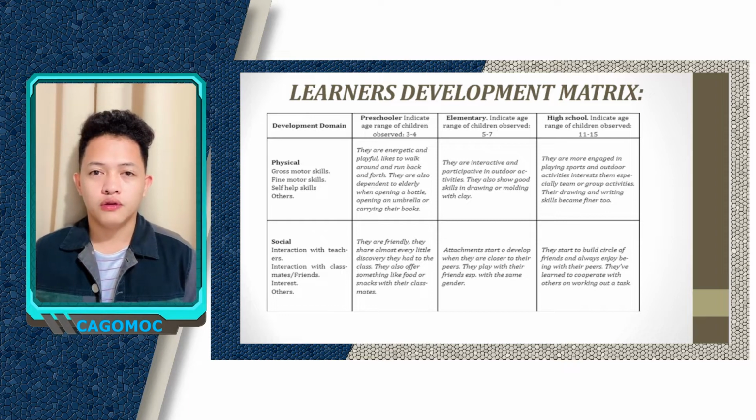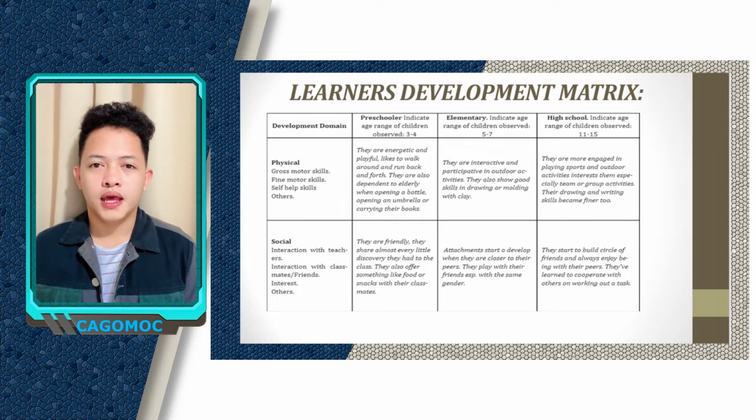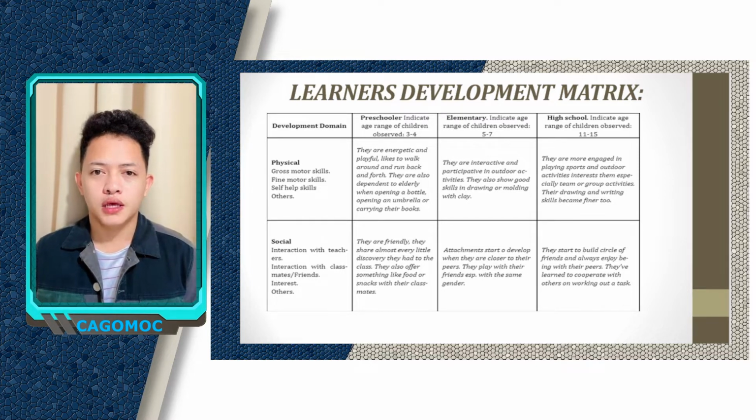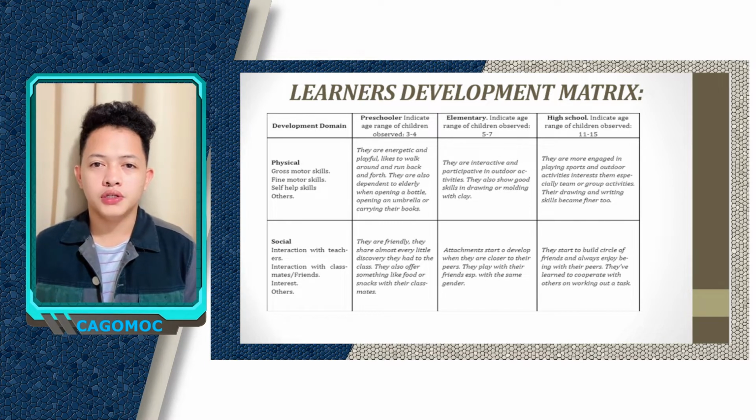Under social: interaction with classmates and friends, interest in others. For preschoolers, they are friendly. They share almost every little discovery they have with the class. They also offer things like food or snacks to their classmates.